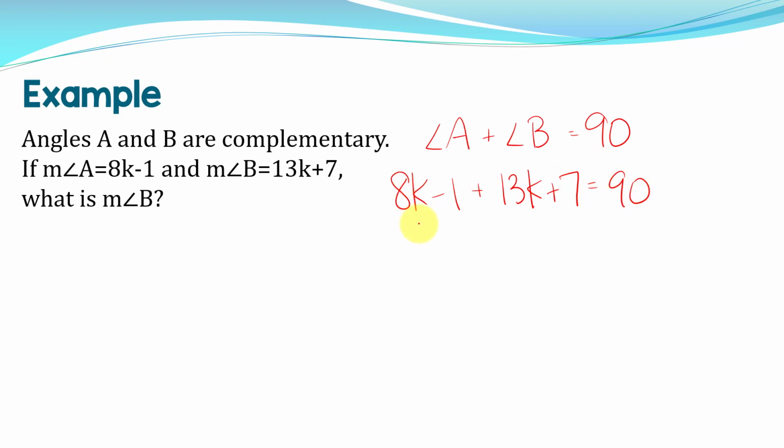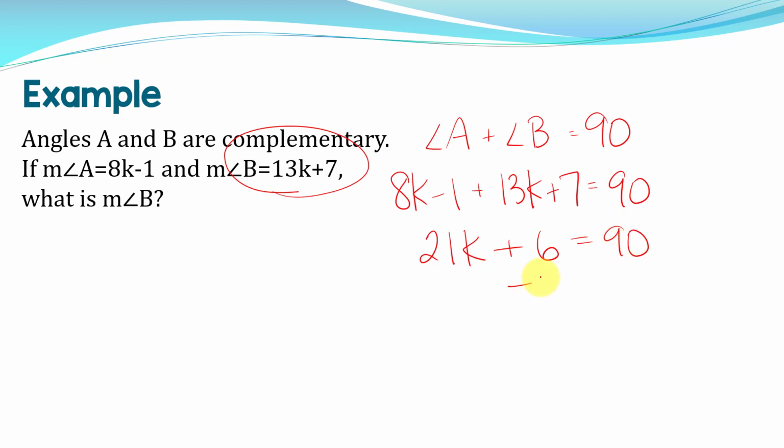Angle A plus angle B equals 90. So I can solve this equation for K, and then I will go back and substitute it to find angle B in particular. Adding my like terms, 13K plus 8K is 21K. Adding 7 and minus 1, that's going to be plus 6, equals 90.